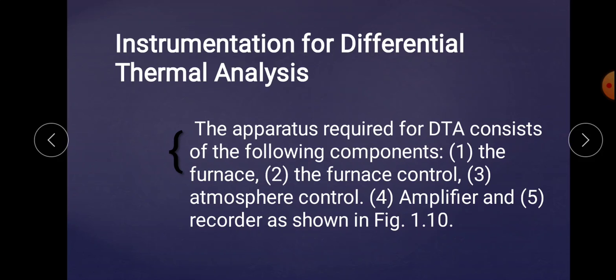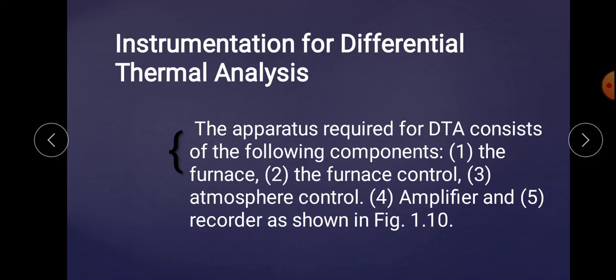Next one is the amplifier, which amplifies the signal when a potential difference is developed due to the chemical or physical changes taking place in the sample compound, and a difference between the sample and reference temperature occurs. The amplifier catches the signal, modifies it and sends it to the recorder.